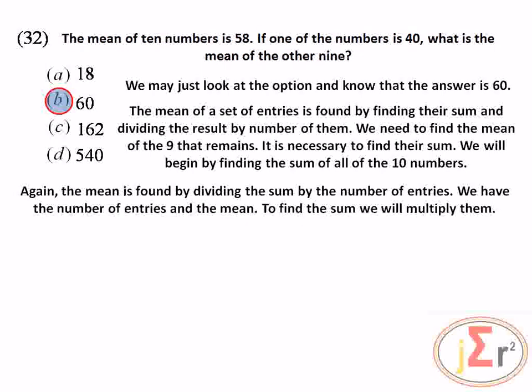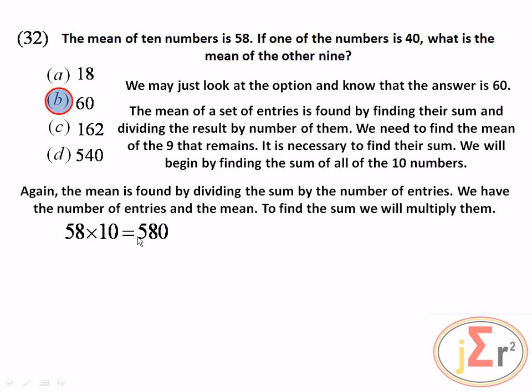Again, the mean is found by dividing the sum by the number of entries. We have the number of entries and the mean. To find the sum, we will multiply them. So in order to find the sum of them, we will multiply the mean by the number of entries, and we will get the sum.